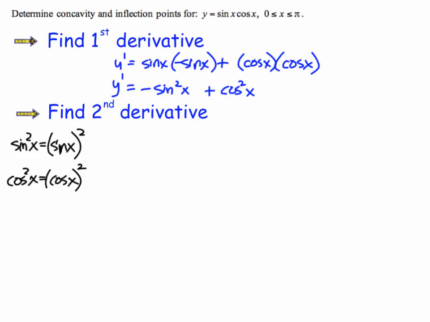Once I combine these, remember sine x times sine x is sine squared x, and the first term is negative, and cosine x times cosine x is cosine squared x. Just remember, I've written on the side that sine squared x is the same thing as sine x all squared, and cosine squared x is the same thing as cosine x all squared.